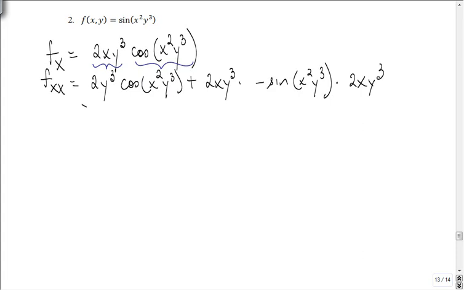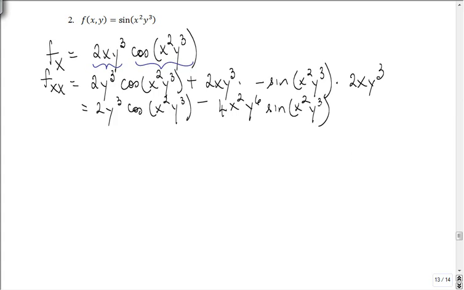Let me just write this a little better: 2y cubed cosine x squared y cubed minus 4x squared y to the 6th sine x squared y cubed. So that's fxx.